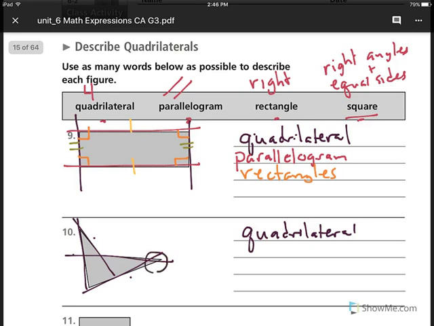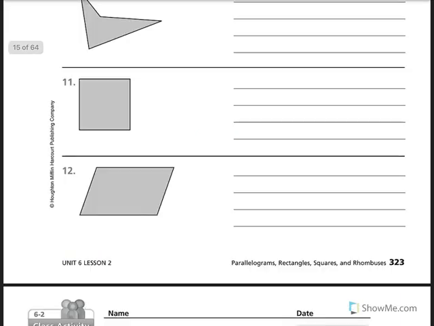I don't see any right angles, so it is not a rectangle, and all the sides are not the same, so it is not a square. And it's really important that you're keeping these definitions in mind because you don't want to accidentally label something with the wrong label. You can't just slap them all on there. It has to be accurate because we're doing math.